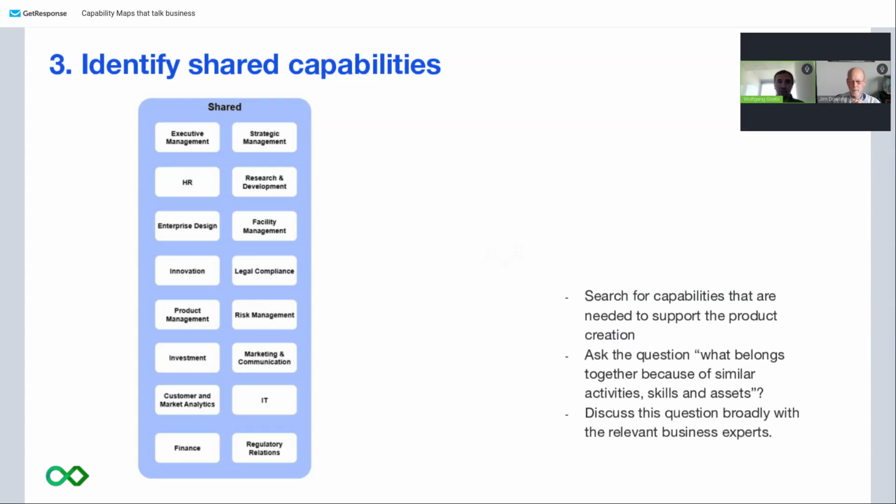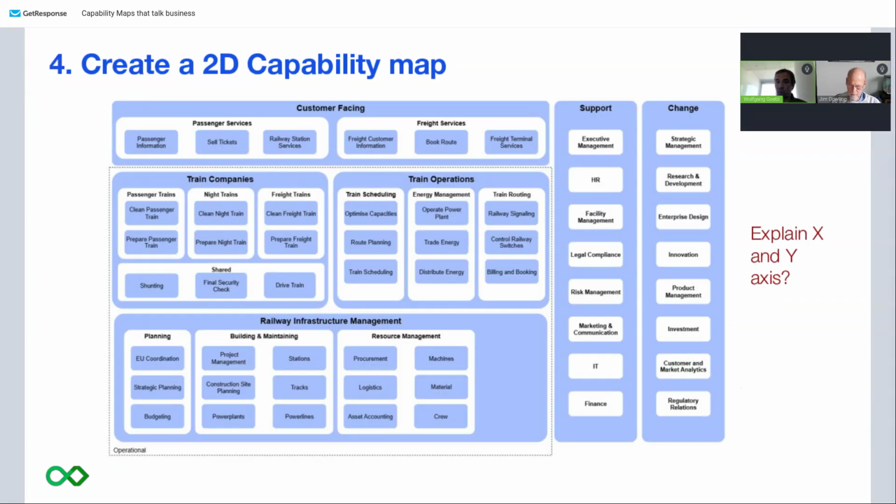What you usually find is human resources, innovation, finance, accounting, regulatory relations, IT, and so on. You will find them in the org chart and in a process model. That's quite often a no-brainer. So you search for capabilities which are shared across the other operational capabilities.